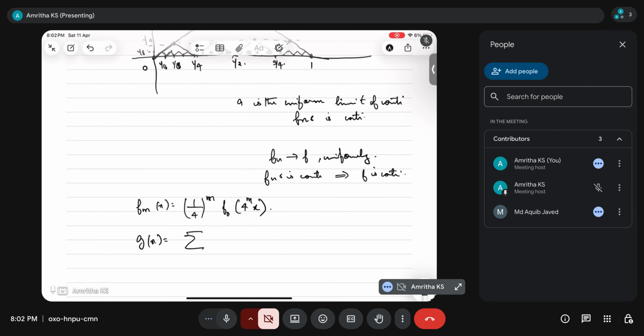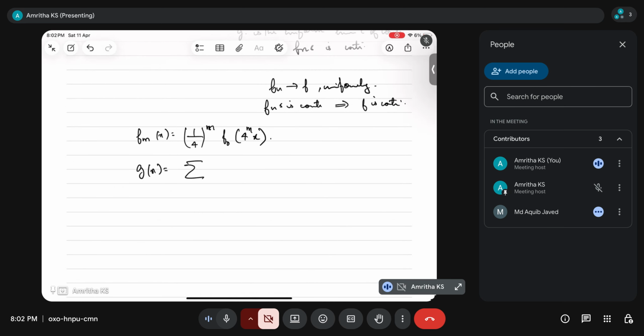We are defining g to be the sum from 0 to infinity of Fm of x.